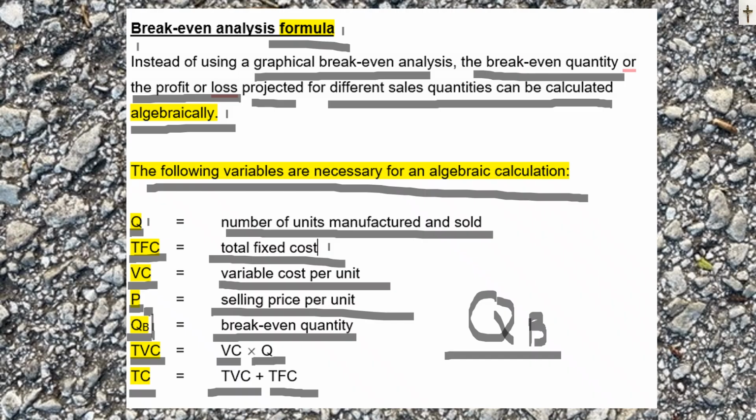So we are now going on to break-even analysis, and we're going to use formulas or algebraic expressions in order to calculate, say for example, the quantity where the business breaks even.